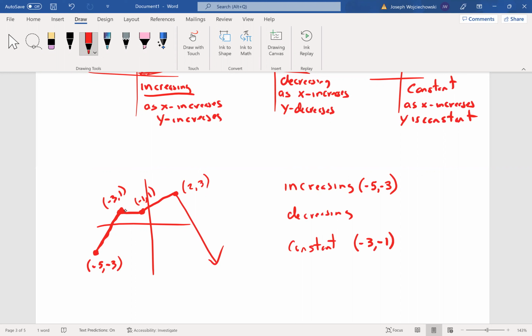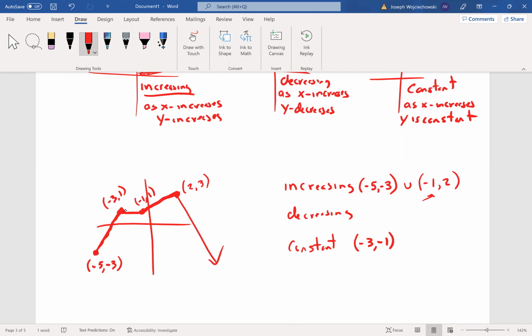Okay, now I'm here at X equals -1. I'm going up to X equals 2. As my X increases, my Y increases. So I'm increasing here as well from -1 to 2. Again, we're putting the X values in here.